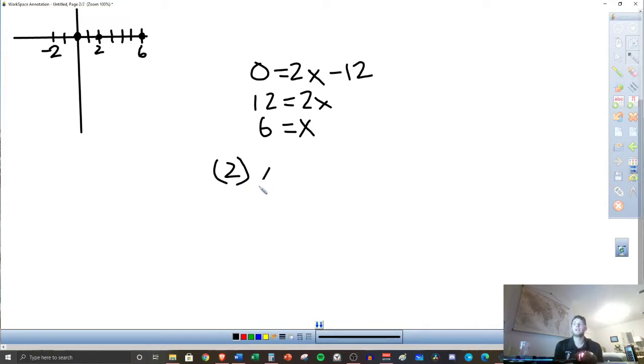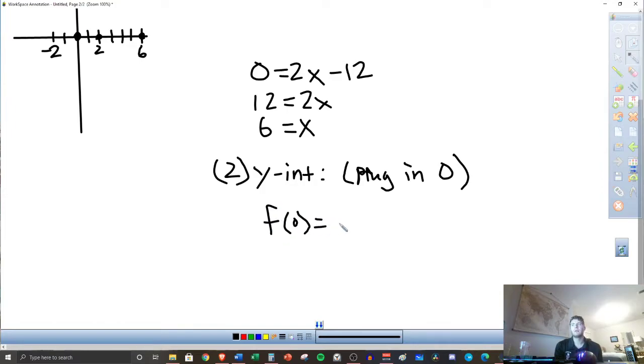So let's go ahead and look at part 2. We want the y-intercept. Remember, that means plug in 0. Okay, so plugging in 0, that gives us f of 0 equals 0 squared times 2 times 0 minus 12 times 0 plus 2 times 0 minus 2.